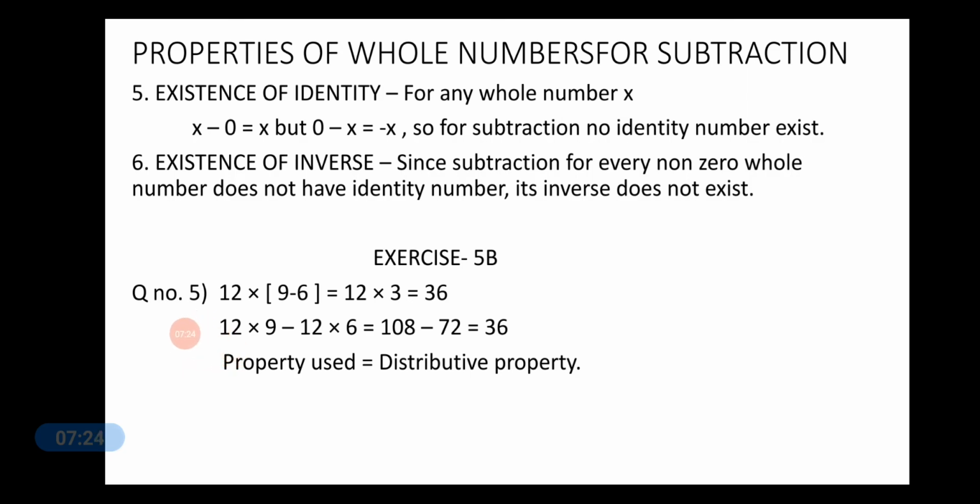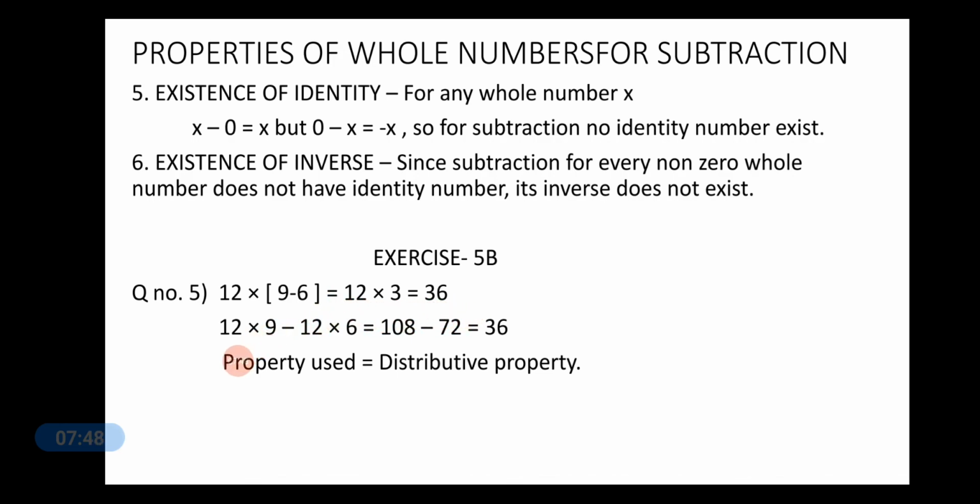It is given in this question that 12 into, within the bracket, 9 minus 6 is equal to dash. Let us solve this. First of all, 9 minus 6 within the bracket will give you 3. That is 12 into 3, which will give you 36.